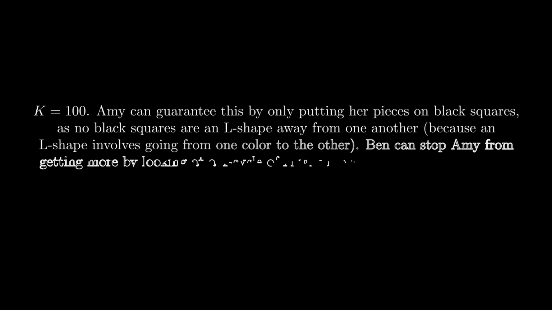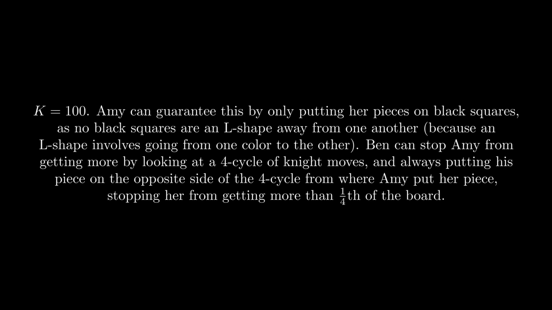So to sum up what we figured out so far, the answer K is 100 because Amy can keep her pieces on only black squares, because no black squares are an L shape away from each other, and Ben can prevent Amy from getting more than 100 because of his nice little 4-cycle trick.